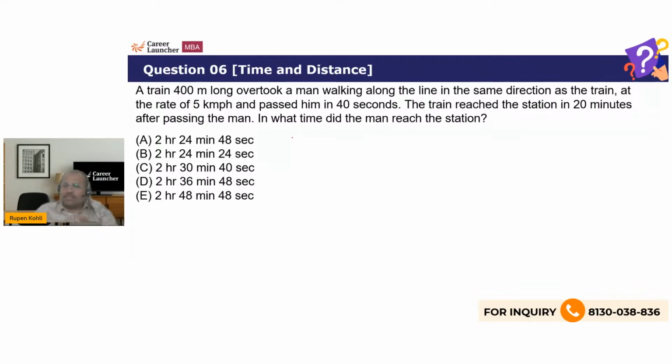So if x is the speed of the train, then x minus 5 in kilometers per hour, and then into 5 by 18 if I have to convert this into meters per second, right?